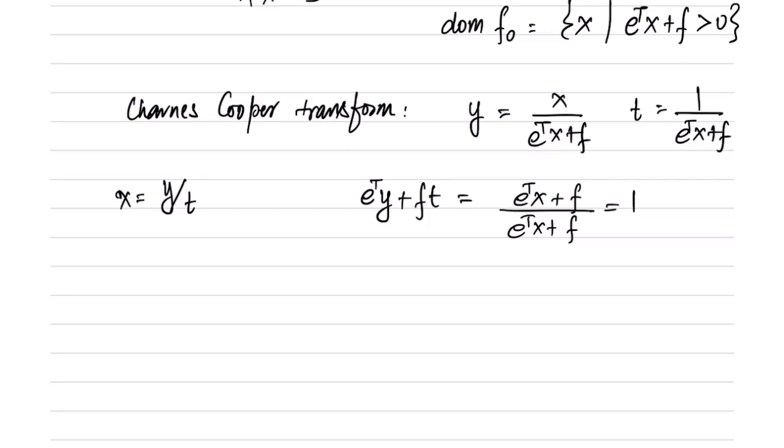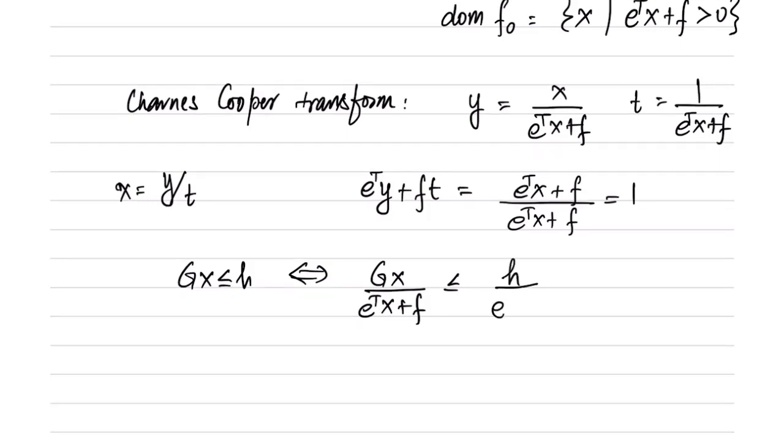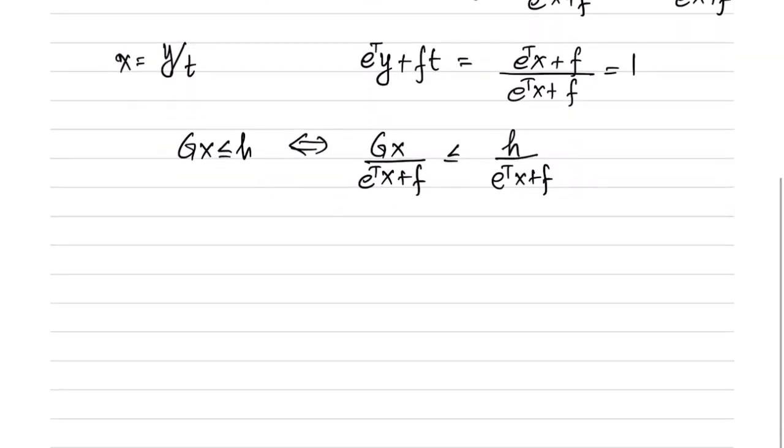What happens to the constraints in this case? We had that Gx is less than or equal to h, which would now be written as Gx divided by e transpose x plus f. This can be written like this because e transpose x plus f is always greater than 0, h divided by e transpose x plus f. So I have divided both sides by e transpose x plus f and then substituted the definition of y.